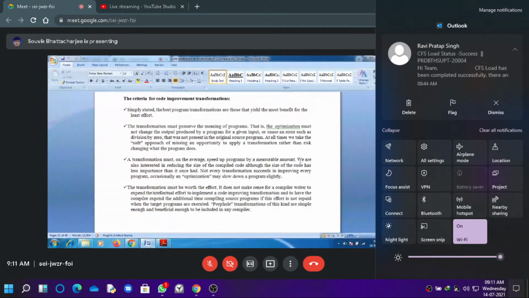That is, the optimization must not change the output produced by a program for a given input, or cause an error like division by zero which was not present in the original source program. That means the meaning of the program, the actual output and the actual logic, should not be changed during optimization.